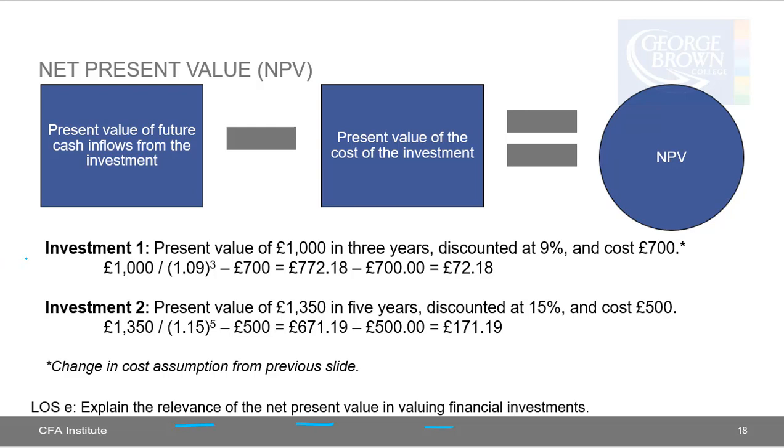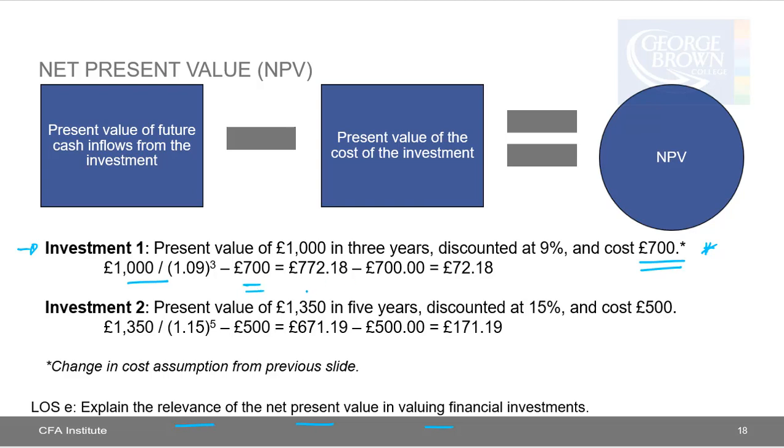Okay, so in this example, we're looking at investment number 1, but instead of initial cost of £500, we've changed the initial cost to £700. So you can see, to calculate the net present value, we're going to take the present value of the future cash flows. That's £1,000 being received after 3 years, and we're using the discount rate of 9%. But we're going to subtract the initial outlay.